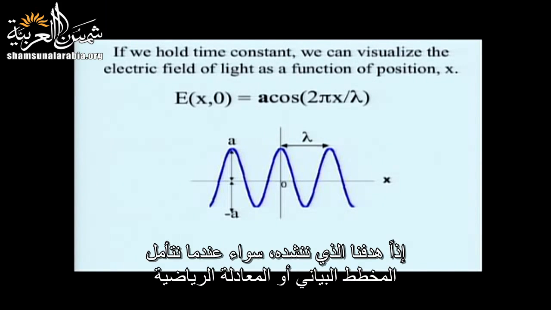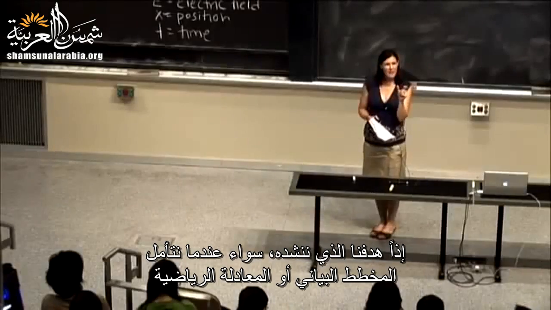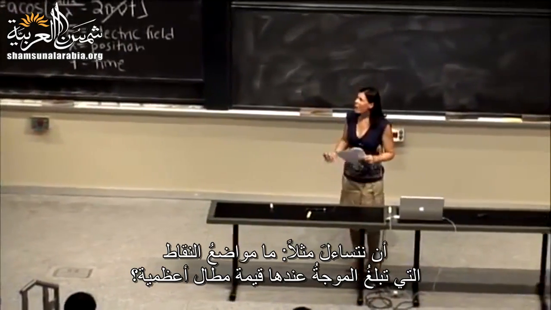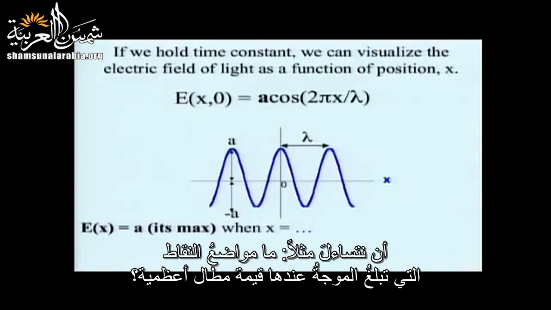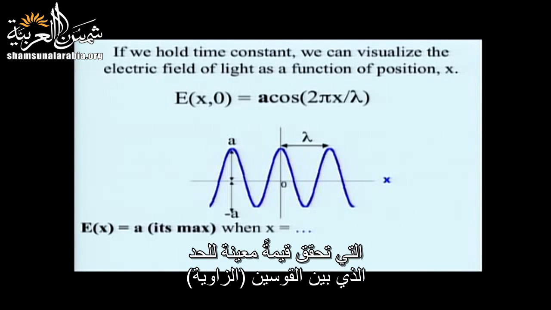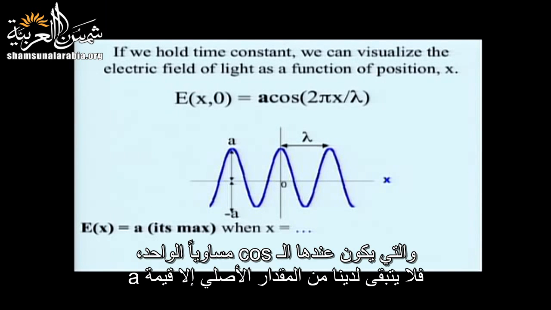So what we want to be able to do, either when we're looking at the graph or looking at the equation up there, is to think about different properties of the wave. For example, to think about at what point do we have the wave where it's at its maximum amplitude. So if we think about that, we need to have a point where we're making this argument of the cosine such that the cosine is going to be equal to 1, so all we're left with is that A term.